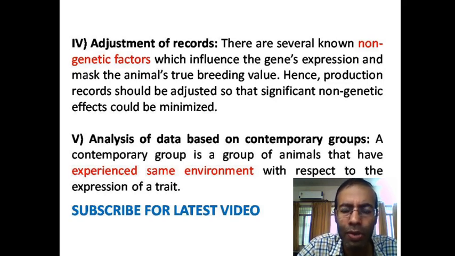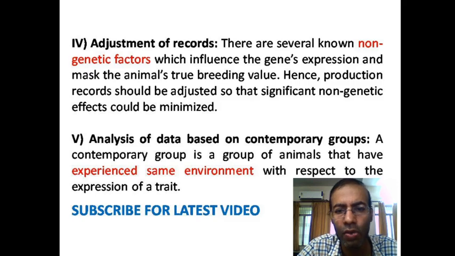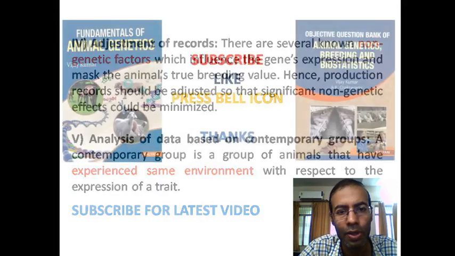Contemporary groups are those animals which experience the same environment. If the birth duration is within 2 months, then those animals are generally considered contemporary, experiencing the same environment. Analysis on the basis of contemporary groups gives better results of heritability.